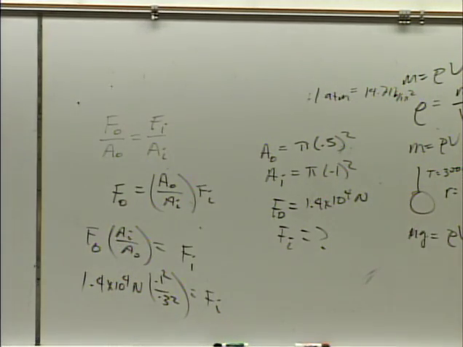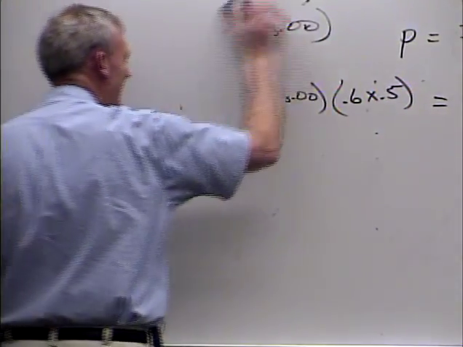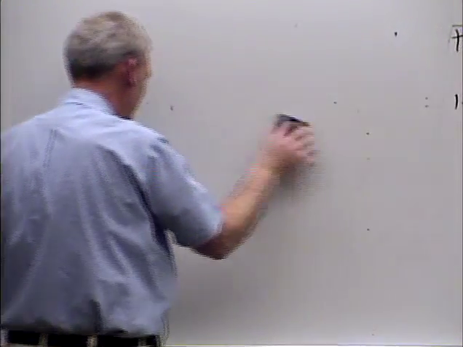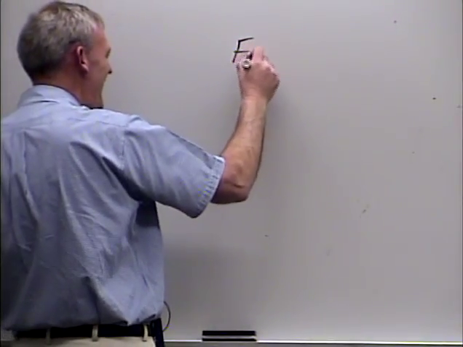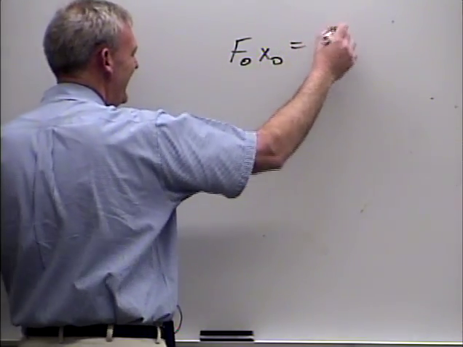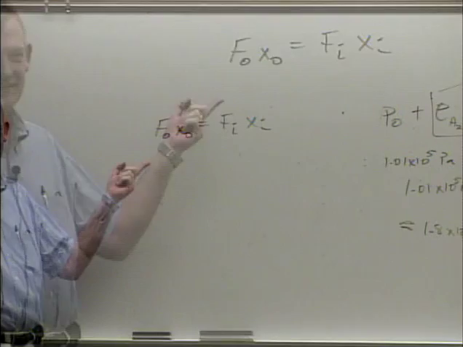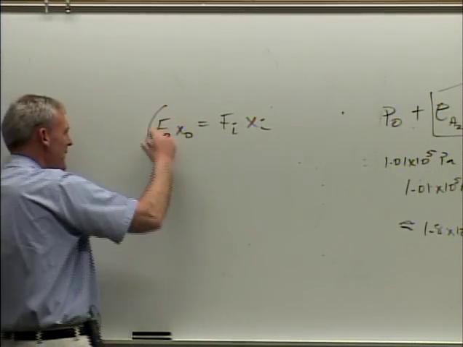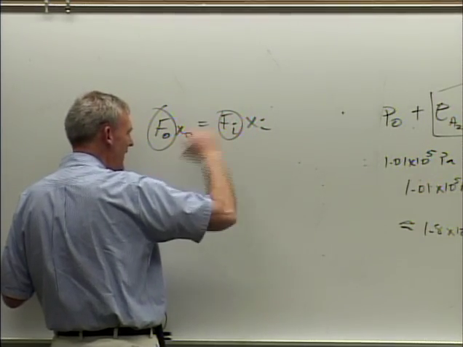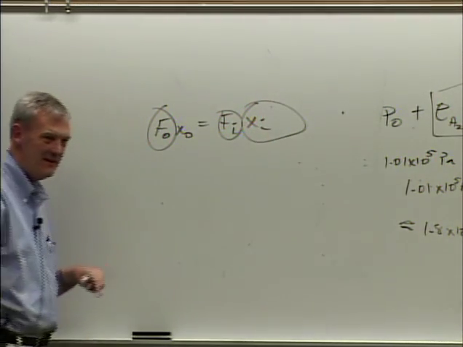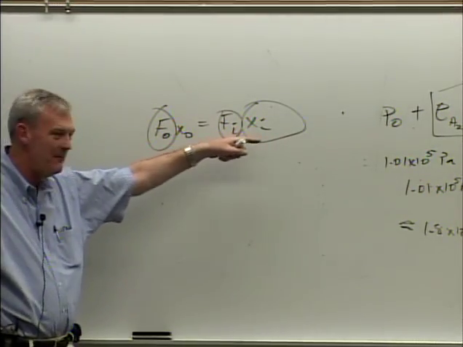For work, force times distance, this will be the last thought I leave you with, and it's not testable, so you can just relax for a second. This is what they're saying: if this guy's really big and this guy's a lot smaller, then this guy's got to be really big. In other words, I'm going to have to move him a long way.